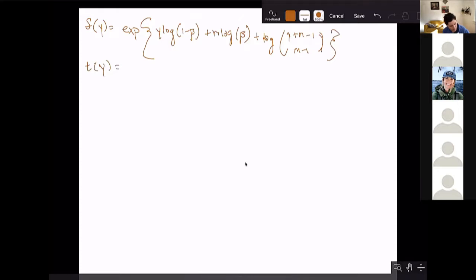I had it as equal to y. And then theta. Theta would be log of 1 minus beta. So then beta in terms of theta is going to be e to the theta.